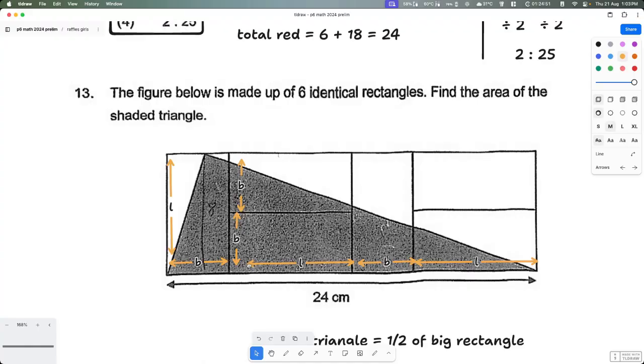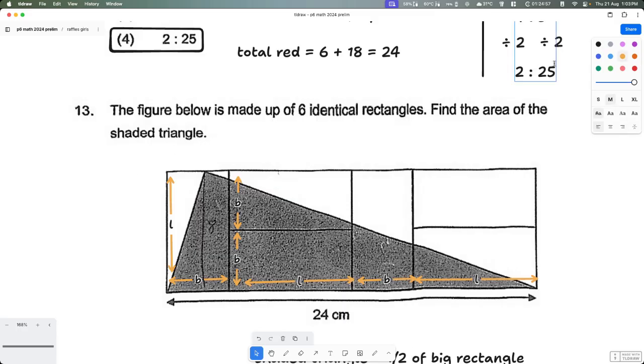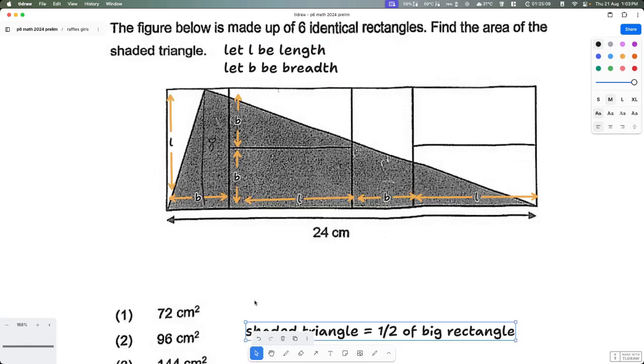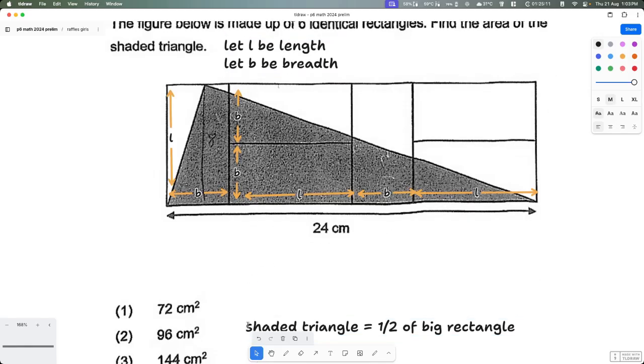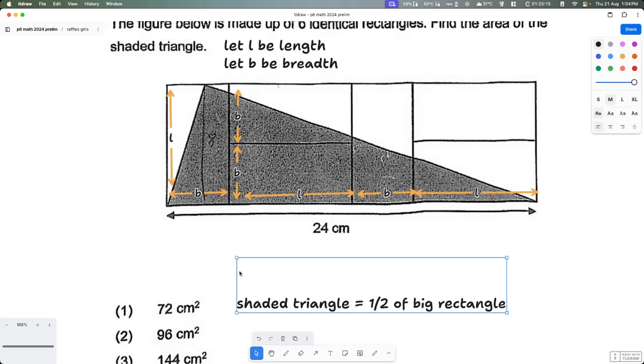So in that case, I'm just gonna write here: let L be length, let B be breadth. With that said, what we see over here is that one length is equal to 2 breadths.